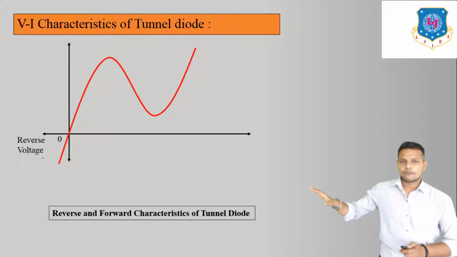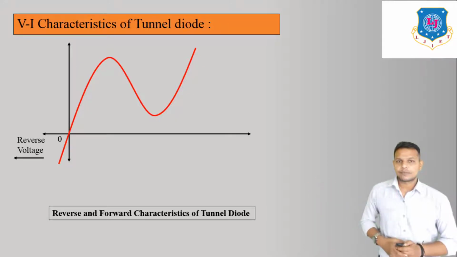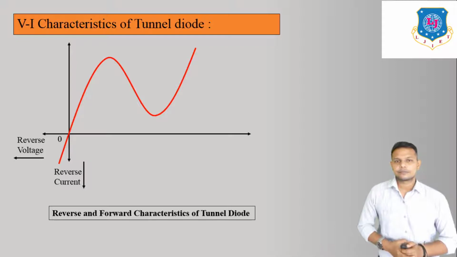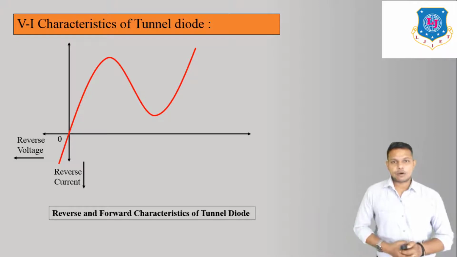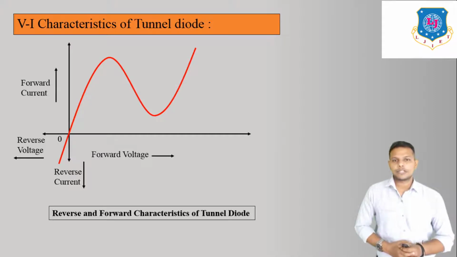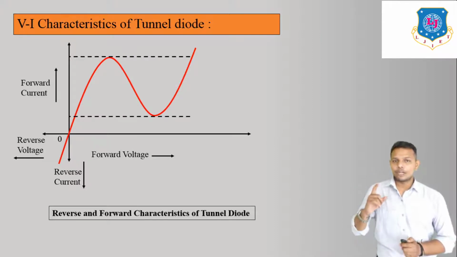Now here we can see the reverse voltage and the reverse current. So this is the reverse characteristics for tunnel diode. Now discuss about forward. Here we can see the forward current and the forward voltage. If we increase forward voltage, then gradually your current will be increased. Here we can see the straight line; the maximum value, the peak value of these characteristics, is known as peak current, and the lower current is known as valley current.